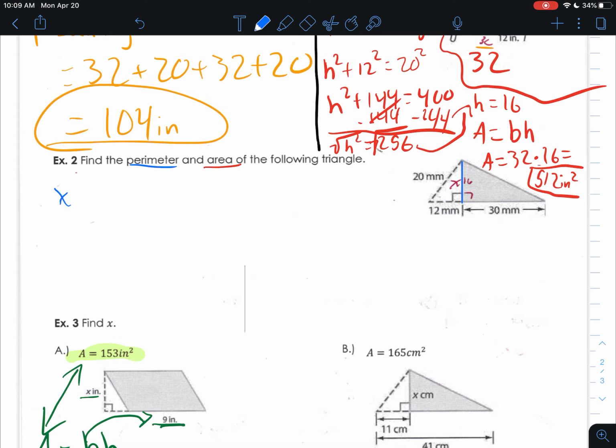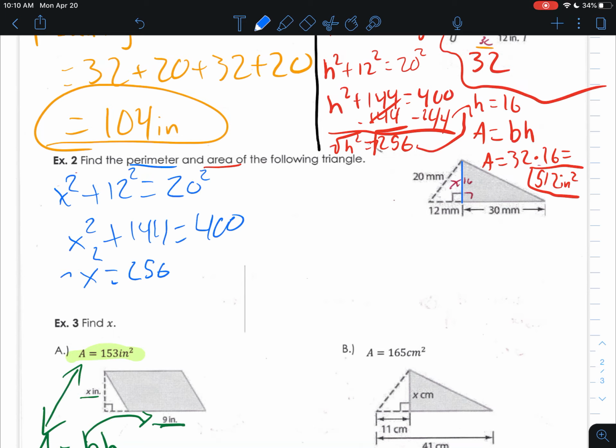So it would be x squared plus 12 squared equals 20 squared. x squared plus 144 equals 400. x squared equals 256.